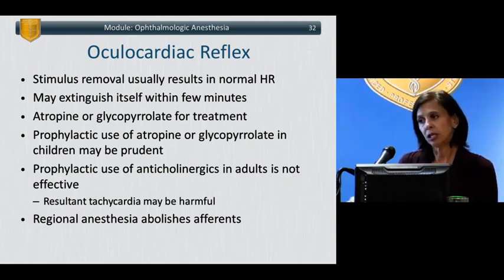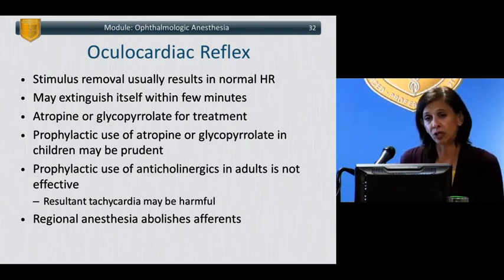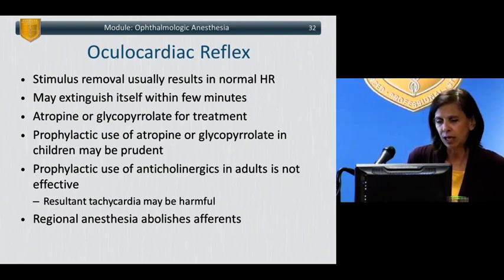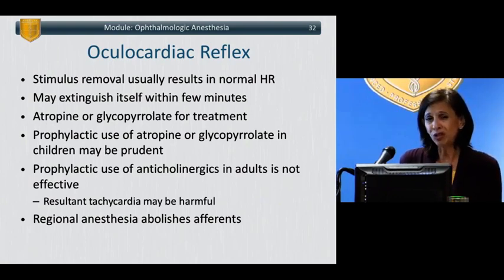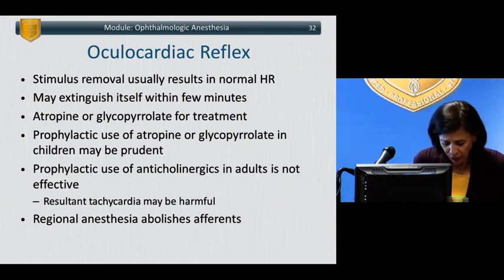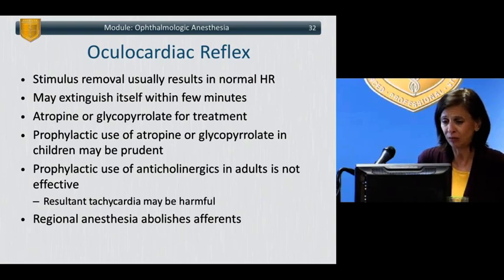The other reason not to use it in adults is because you typically don't want adult patients to get tachycardic because they may have ischemia and you don't want to trigger that with tachycardia. So, of course, you wouldn't want to use it prophylactically in somebody who may not even get the oculocardiac reflex. Likewise, older individuals are less likely to get it to begin with, so there is less need to use it prophylactically.